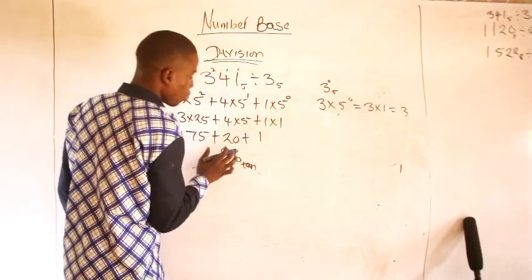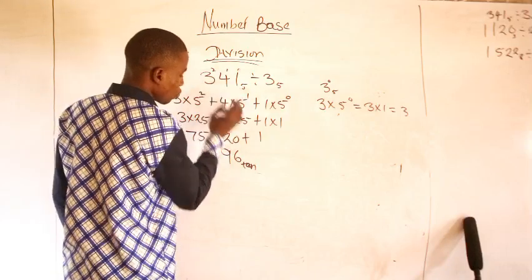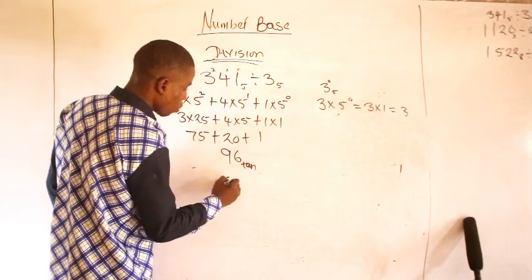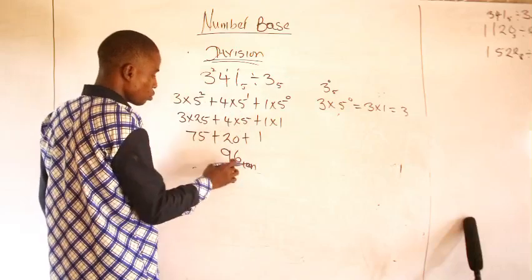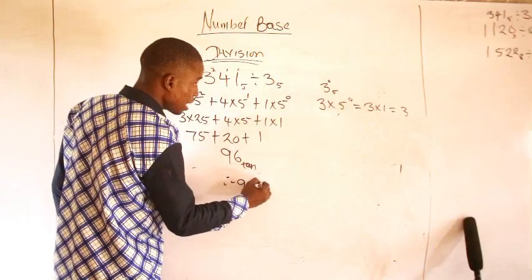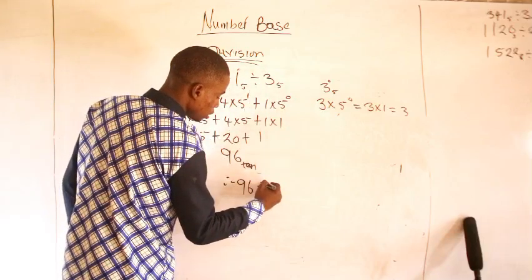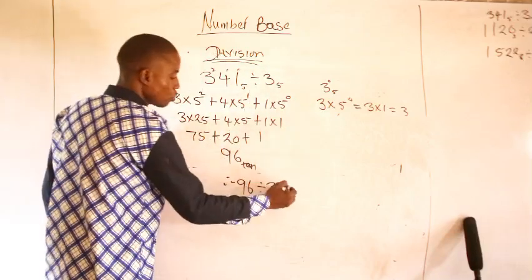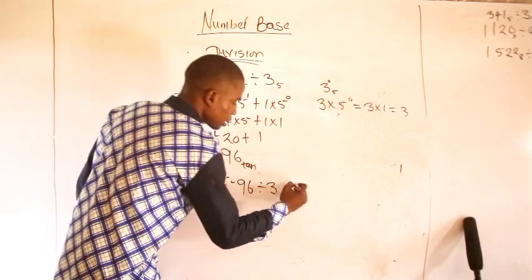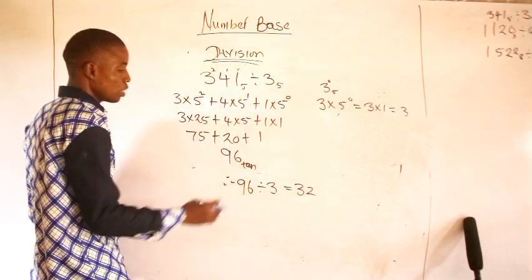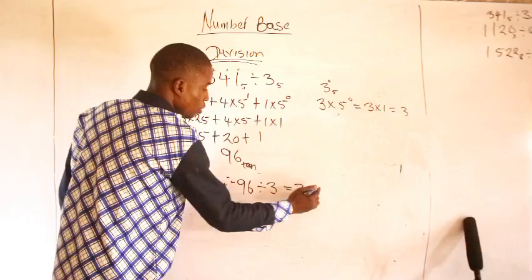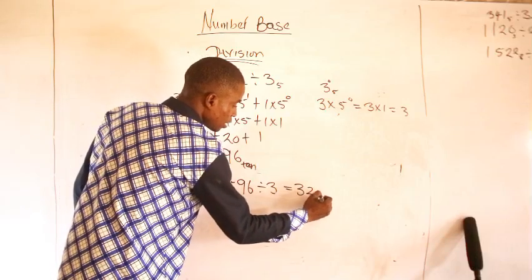And remember, we have got this one, which is 96. So 96 divided by 3, the answer of this one, is 32. After you have got the 32, it is 32 base 10.